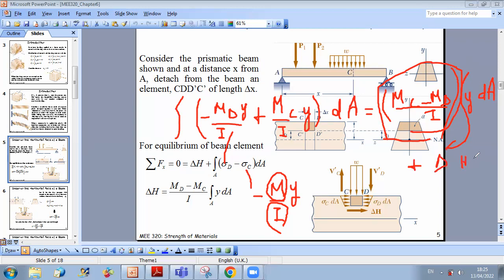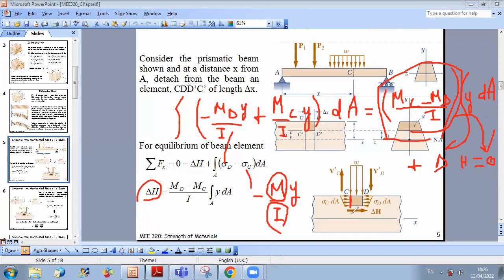So taking this term to the other side of the equation, I get that delta H is equal to (M_D minus M_C) over I times the integral over A of y dA. And the area I am integrating over is this one, the area over which I did the cut.